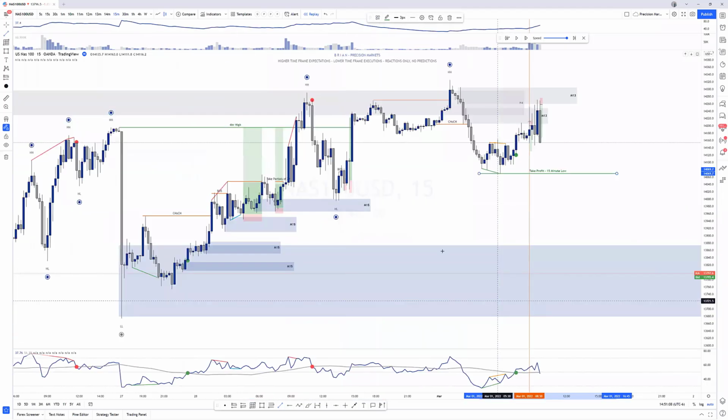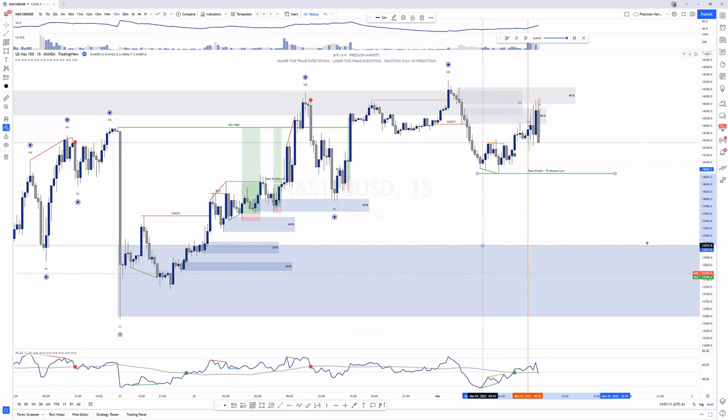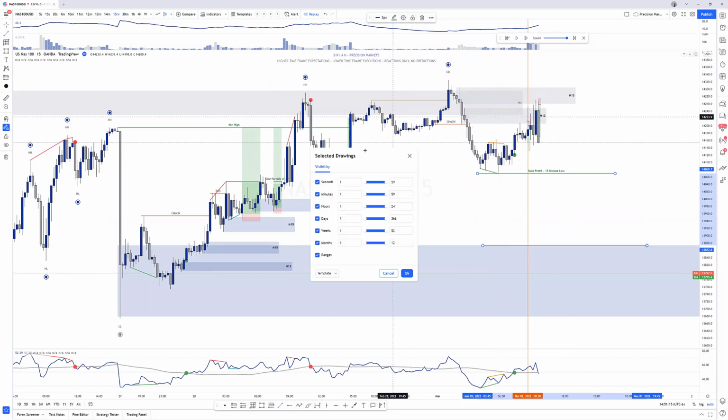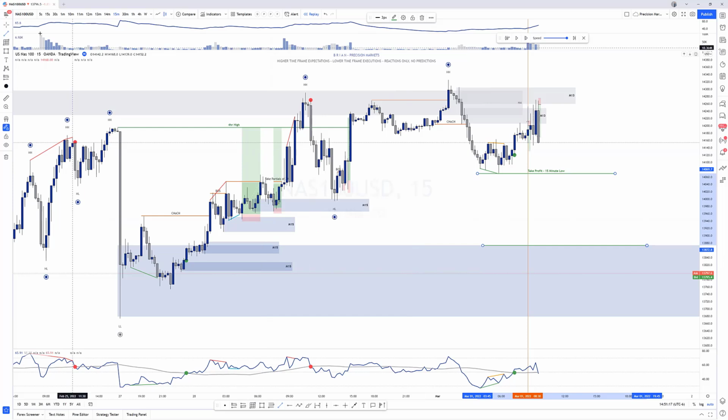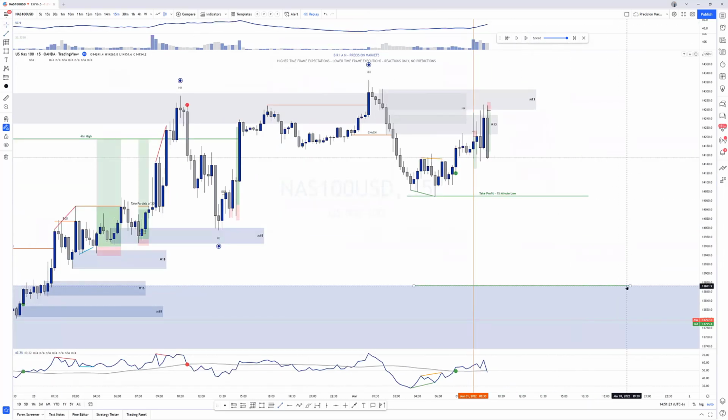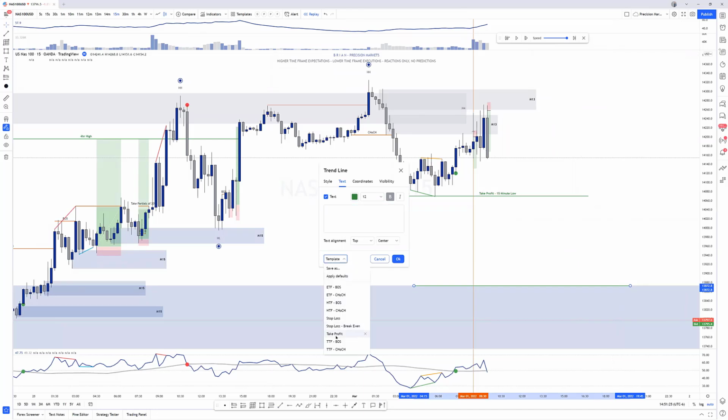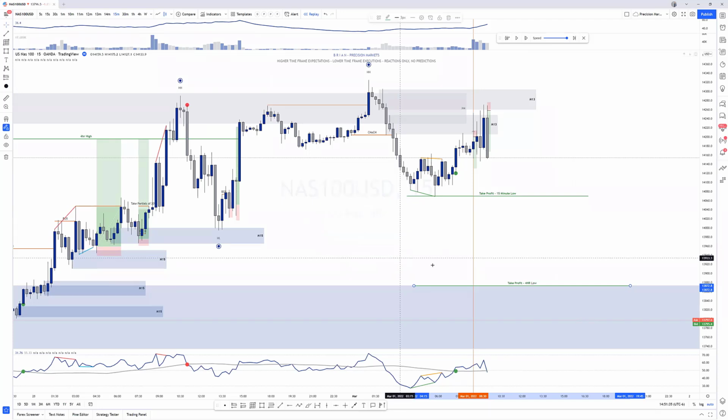And what I would target from a 4 hour perspective would be that zone down there, because I'm expecting price to bounce in here and to go up.